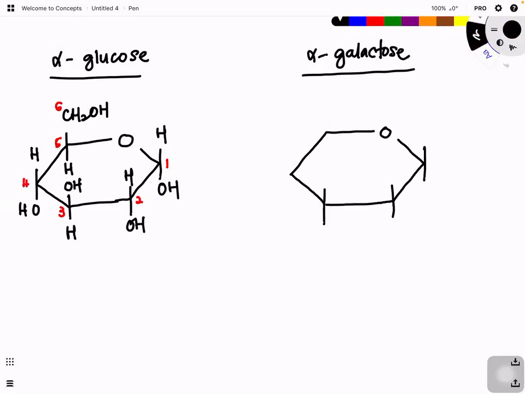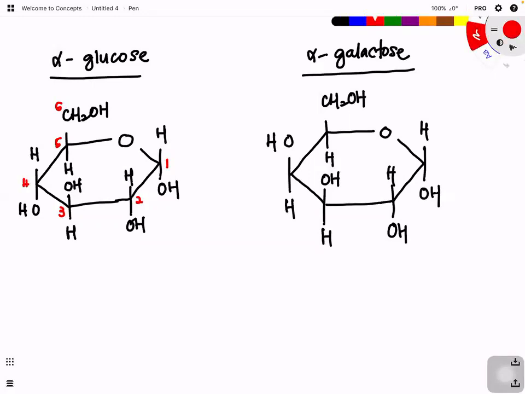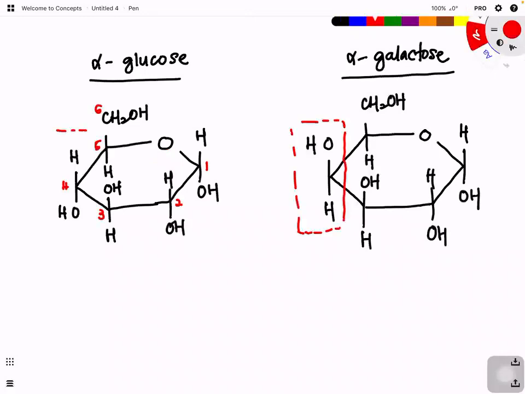When you draw it, CH2OH, H, OH, OH, HOH. The one that makes them different is at carbon number 4, where there is an opposite rotation. Can you see that at carbon number 4, if you compare alpha galactose and alpha glucose? Do you get it? Can you see that?